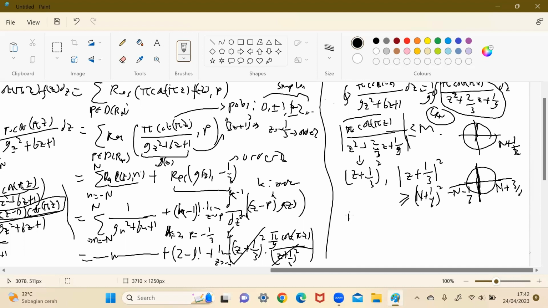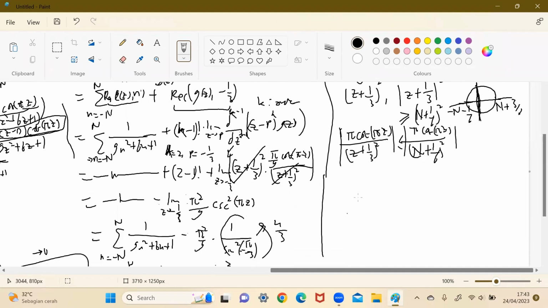So now we know that the form that we are using here is less than pi cot pi z over n plus 1/6 squared. It remains to prove that the numerator is indeed bounded, and unfortunately, it's kind of difficult, at least for me.